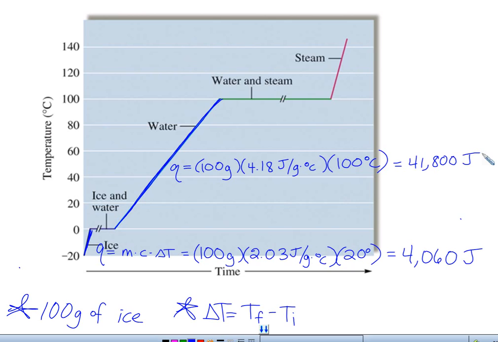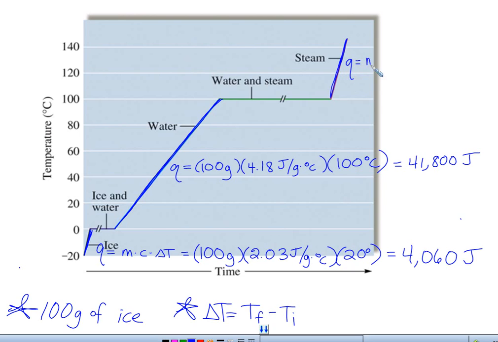And if I wanted to, then I could do this up at the steam section as well. So I'll just make a note of that. If I was doing anything up in here, if I had water and maybe they said, you're going to increase the temperature from 120 to 140 degrees, well then I could use this same equation.